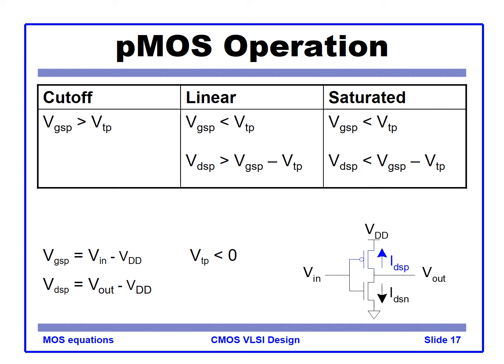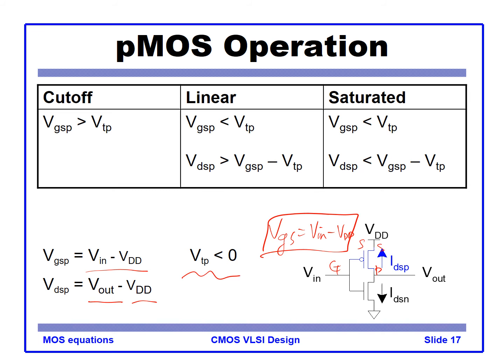Now we replace VGS with the actual input V in. VGS is between source and gate, so VGS is V in minus VDD. For V out, we have source and drain, so VDS is V out minus VDD.